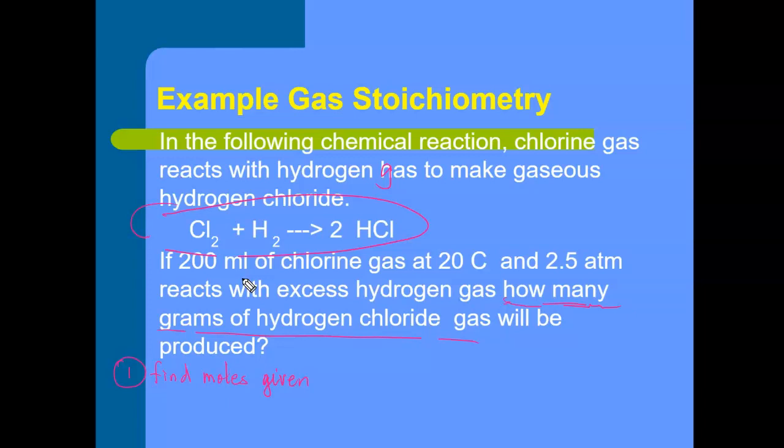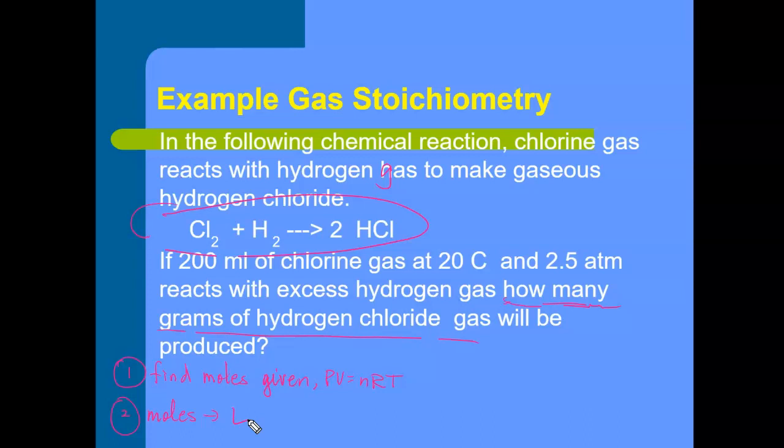So instead, I'm going to have to use PV equals nRT to do that. And my second step is going to be, okay, then I can do a moles to liters problem, because once I'm in moles, all I have to do is solve for liters.